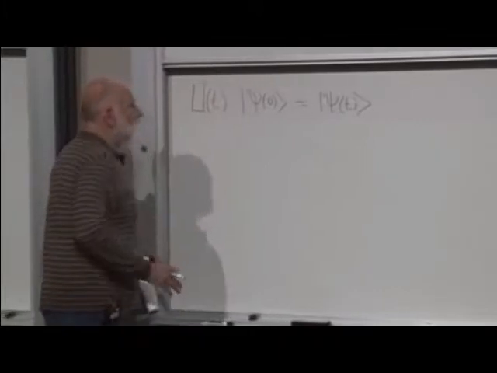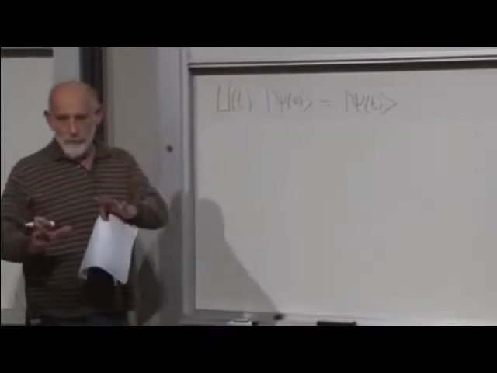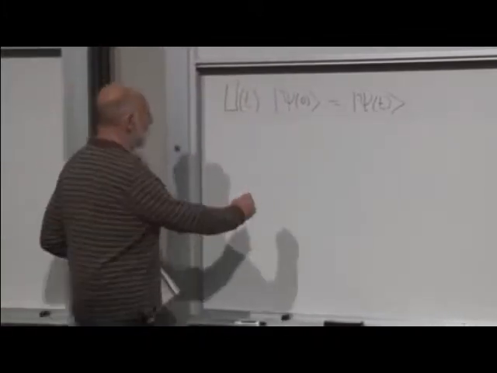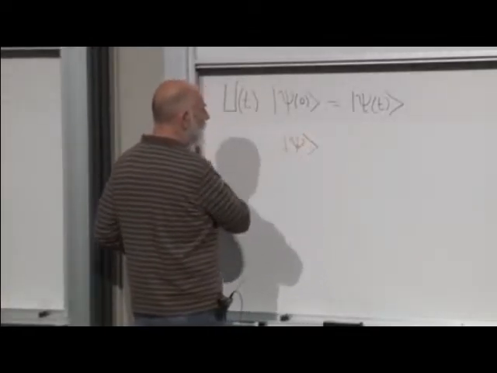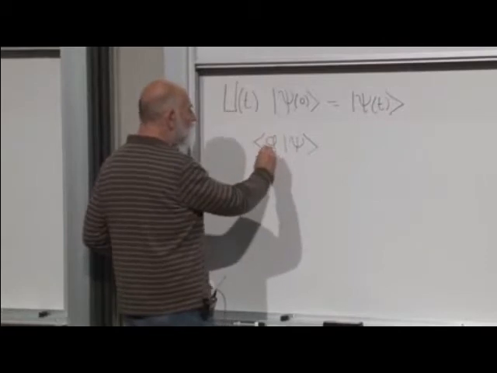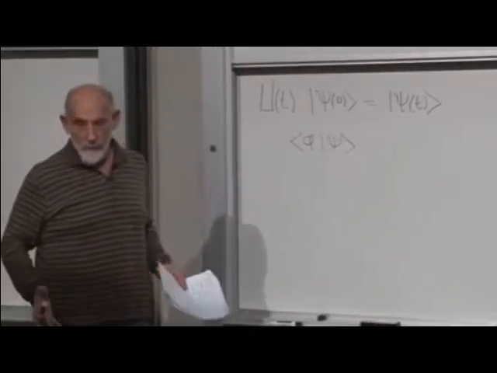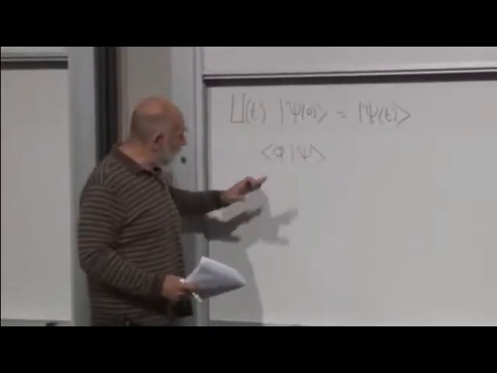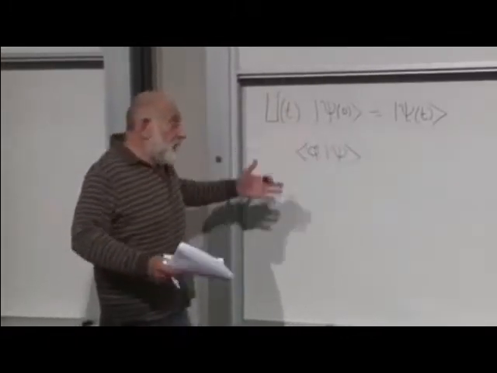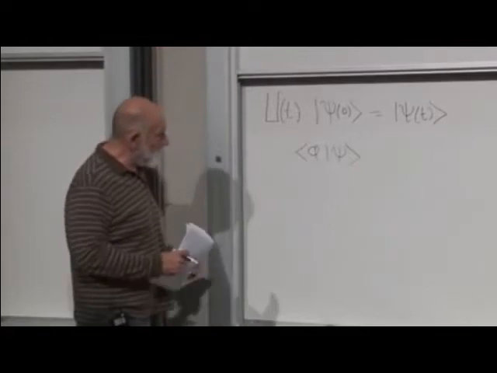Whatever U is, it preserves the relationships between pairs of vectors. So for example, if we start with psi and phi, two vectors, they may be orthogonal or they may not be orthogonal. If they're orthogonal, this inner product is 0. If they're not orthogonal, it is whatever it is.